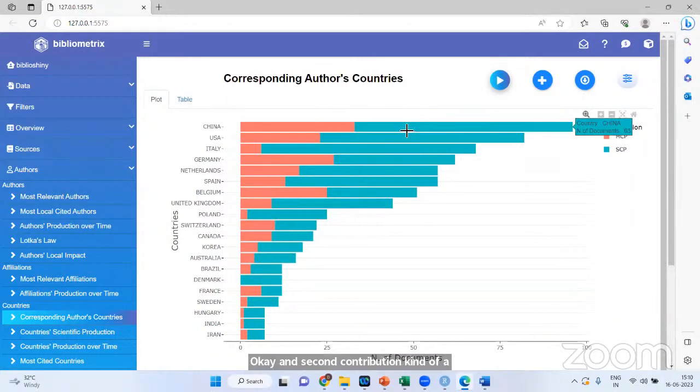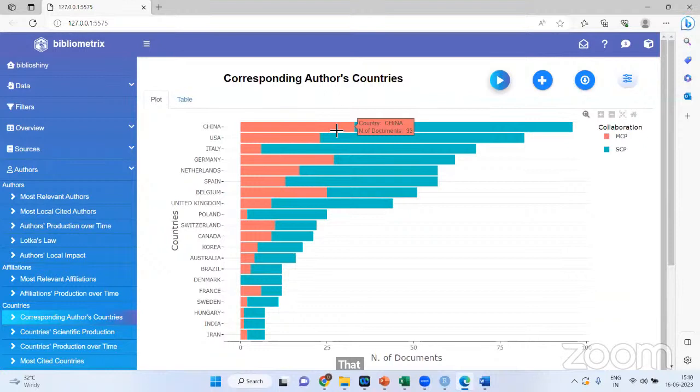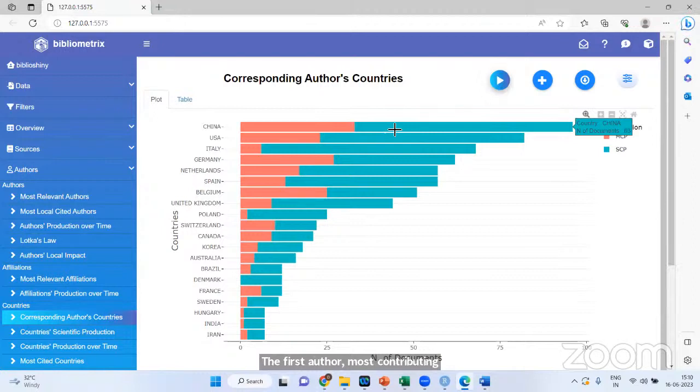So what does it mean? That 33 plus 63, this is the total documents which have been published. In 33 documents, the first author is from the most contributing country, and in 63, from the second contributing country.